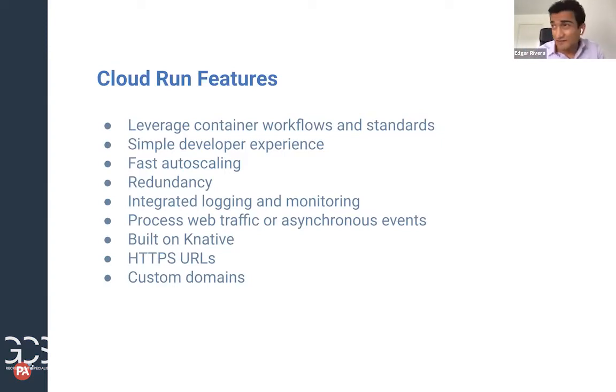Fast auto-scaling: we have seen demos of scaling thousands of images in a matter of seconds. It's redundant. As soon as something happens with that container, Cloud Run will pull a new one automatically for you. It comes with logging and monitoring out of the box, and it can help you process any web traffic as well. And it's built on Knative.